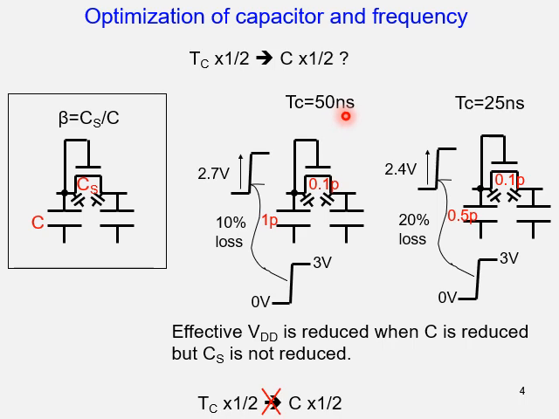And if you reduce the clock cycle time by half, then you may think that the capacitor size reduction by half could keep the same output current with a significantly reduced circuit area.